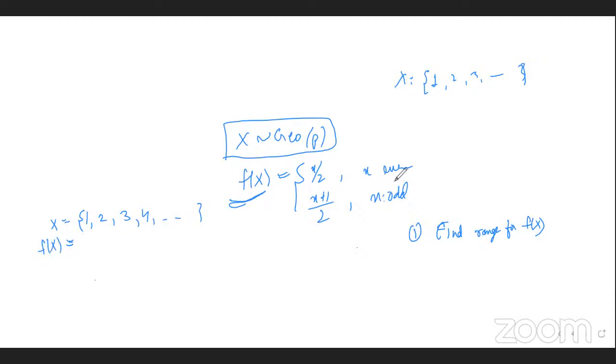If x is an even number, it will take x by 2. If x is an odd number, it will take (x plus 1) by 2. So x equals 1, is it an even or odd number? Odd, so f of x is 1. 2 is an even number, so this is again 1. For 3 it will come out to be 2, for 4 again 2, then 3, 3. So this is the pattern that you will see.